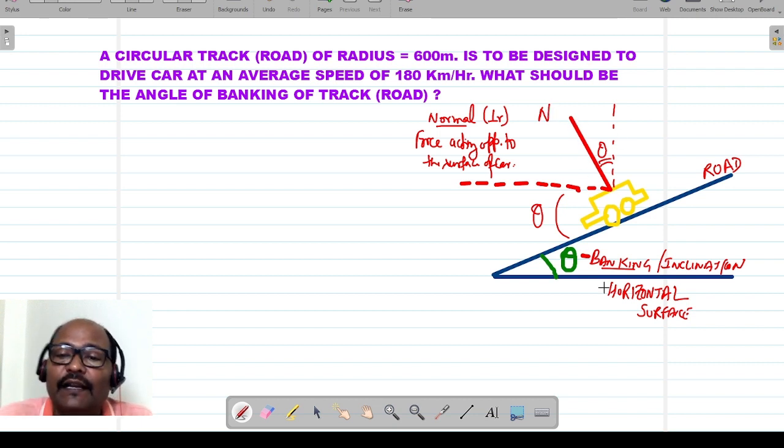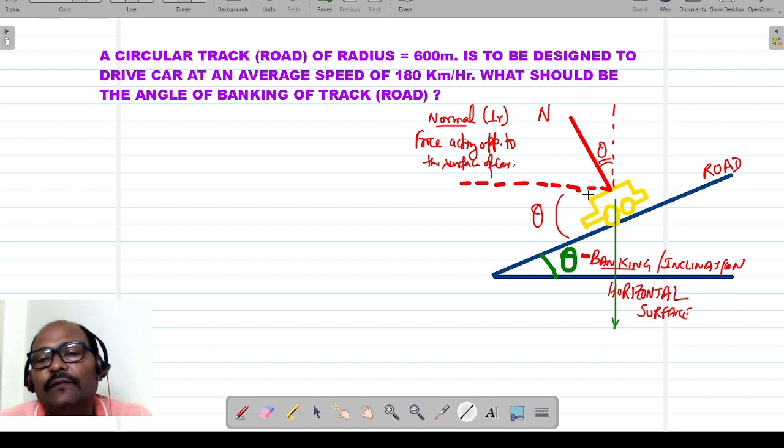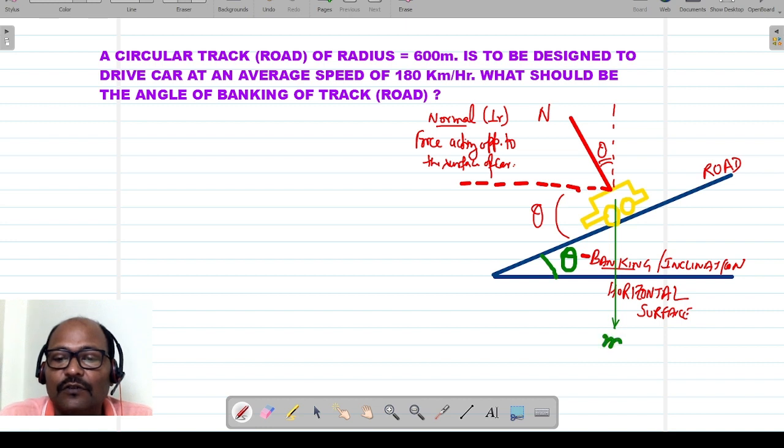If this is N, and you remember students, if we are drawing the free body diagram, what is the weight of this car? This will be acting in the downward direction, and the value of that is equal to mg.